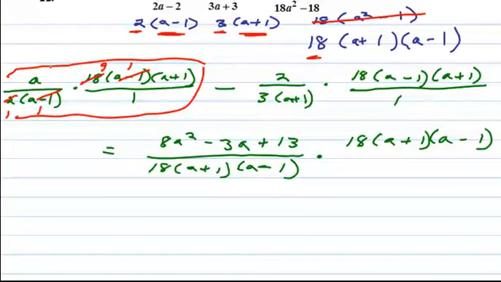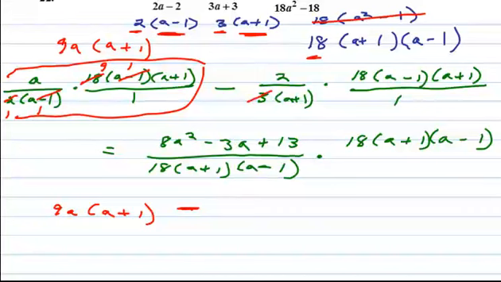In the numerators, we're left with a times 9 times a plus 1. So we have 9a times a plus 1. I'm going to write that down here. Minus. Take that extra step when you're dealing with subtraction.